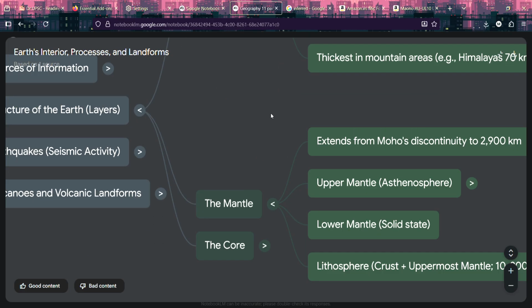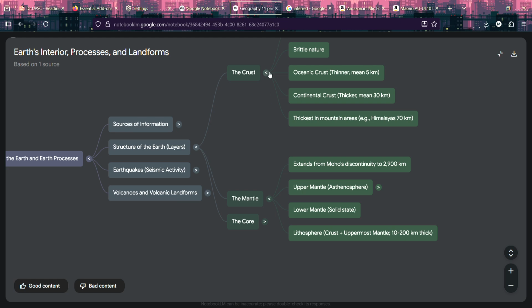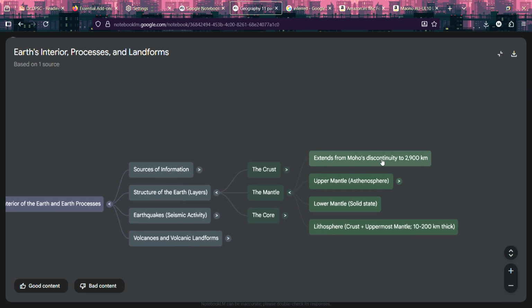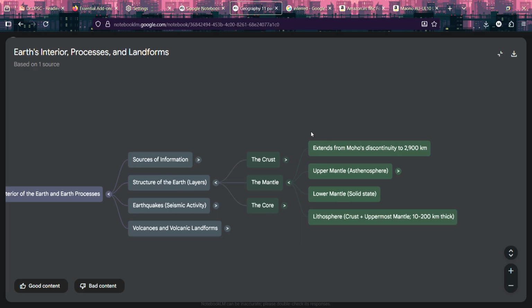Now the second structure is the mantle. It extends from the Moho discontinuity to 2,900 kilometers. The second layer, just below the crust, is the mantle. The whole mantle is 2,900 kilometers thick.